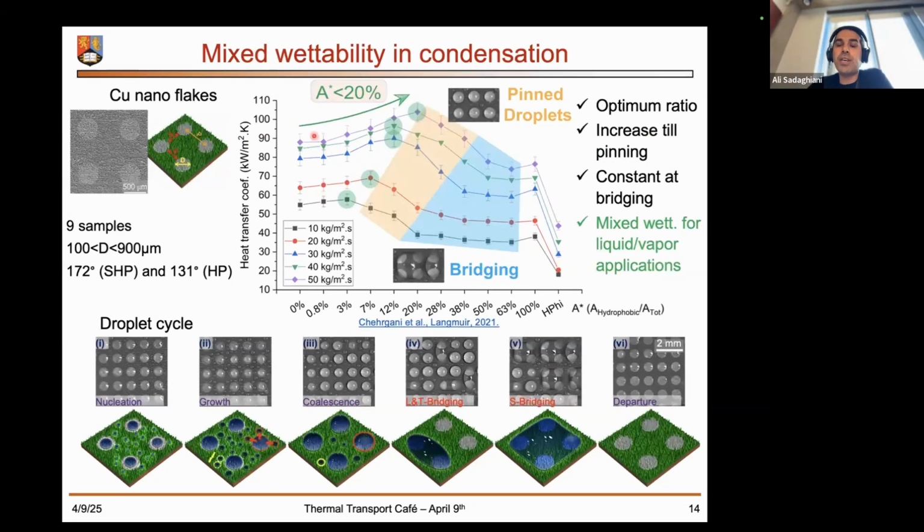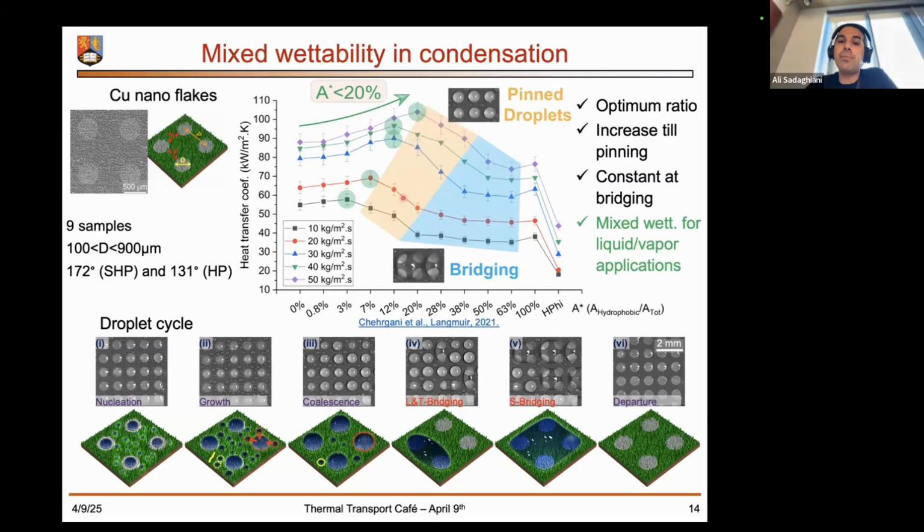So if we want to characterize the performance of condensation in terms of heat transfer coefficient, what we observe is that up until 20%, where this A star is, in this case, the hydrophobic area to the whole surface area, we observe enhancement in heat transfer coefficient.